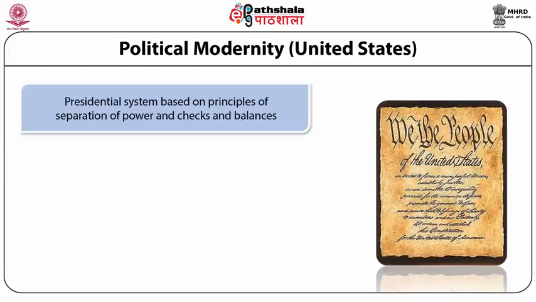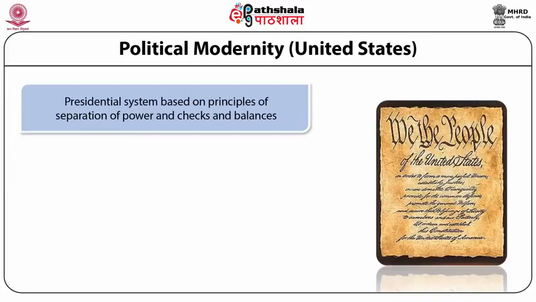For example, I would give an example to illustrate the principle of checks and balances. The president controls the legislature by the power of veto. So a bill cannot become a law unless it gets the consent of the president.